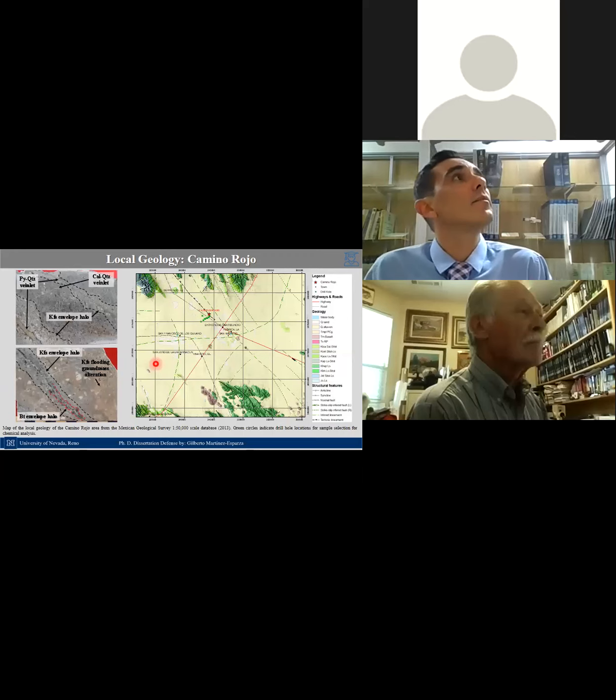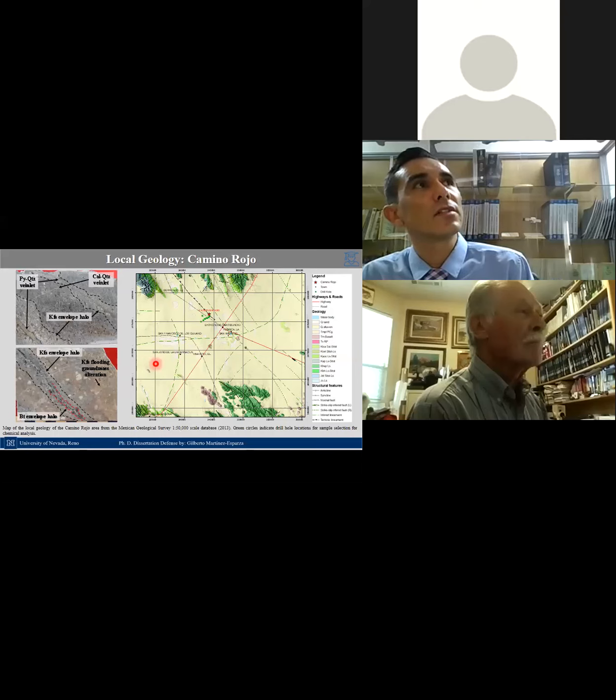Camino Rojo is one of the second most important ore deposits in this region, especially because this deposit will be in production next year for Orla Mining Company, and they consider up to 8.3 million ounces of resources, proven and interpreted.